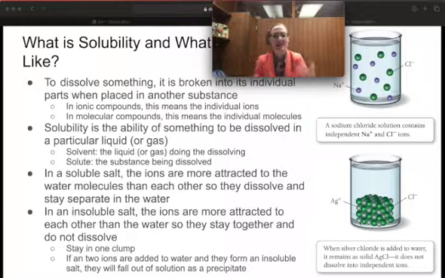That's what solubility is. If we have an ionic solid, we break it into its individual ions if it can be dissolved in the liquid we're talking about. If it is not able to be dissolved, it is insoluble and it stays as one unit, and we still consider it to be that solid in the water instead of its individual ions.